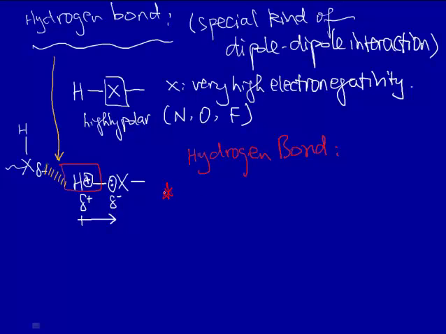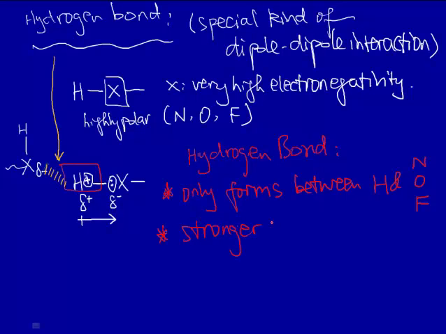Hydrogen bond only forms between hydrogen and nitrogen, oxygen, fluorine, when they are attached. It is stronger than normal polar interactions.